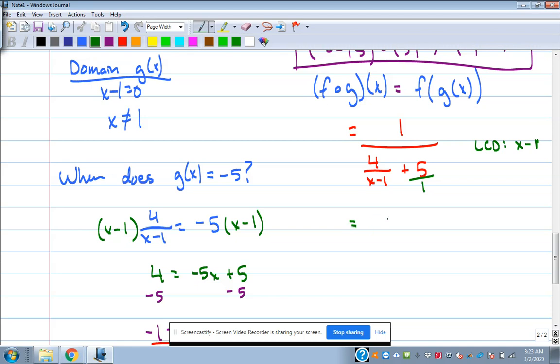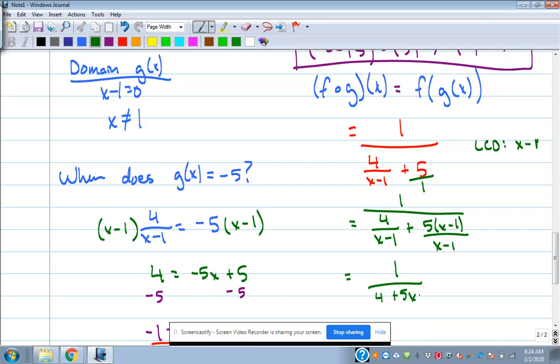So 4 over x minus 1, all this is still under 1, plus 5 times x minus 1 over x minus 1. Pretty easy fix there because the denominator is 1, so you just multiply top and bottom by the piece that it needs. So we're going to simplify that a little bit.